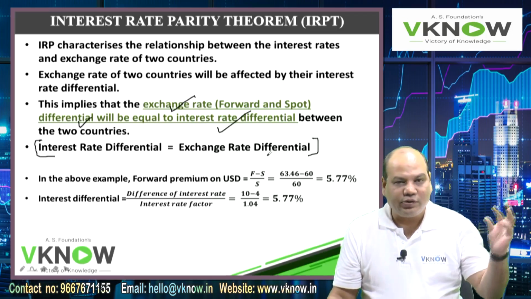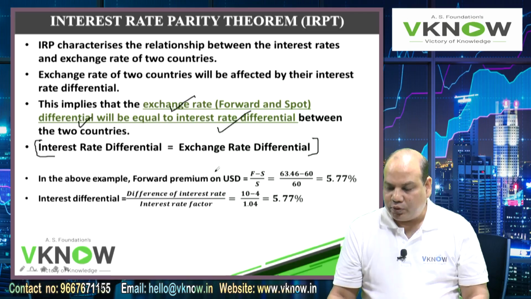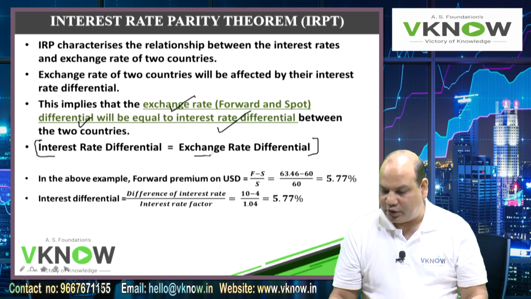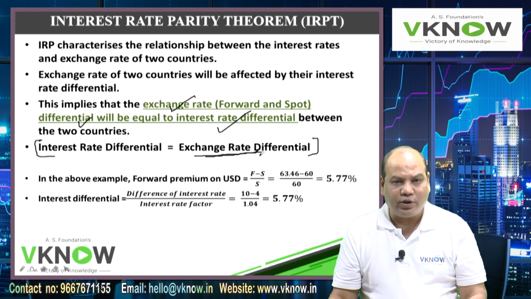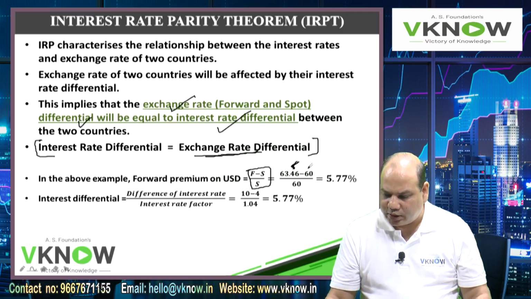So we will take the same example which was printed in the above paragraph. Forward premium on USD, that is your exchange rate differential, in percentage. I can't compare in absolute value, one is rupees, one is interest rate. So I will see the percentage (F minus S) by S. We have these numbers in the question: 63.46 minus 60 divided by 60.